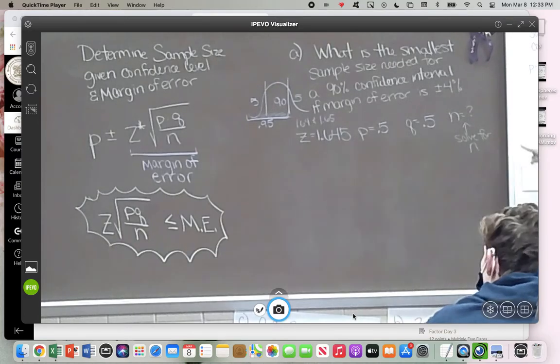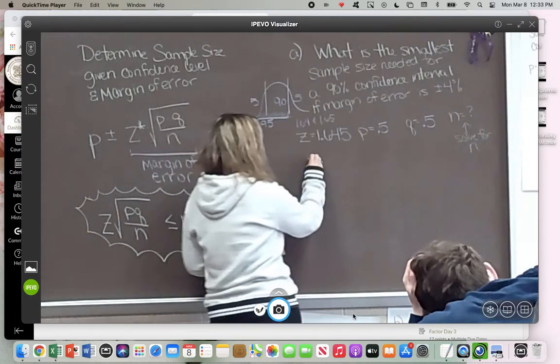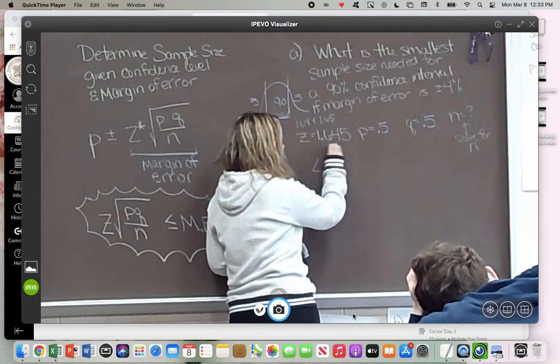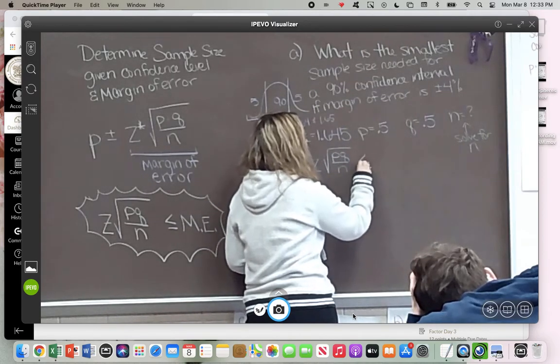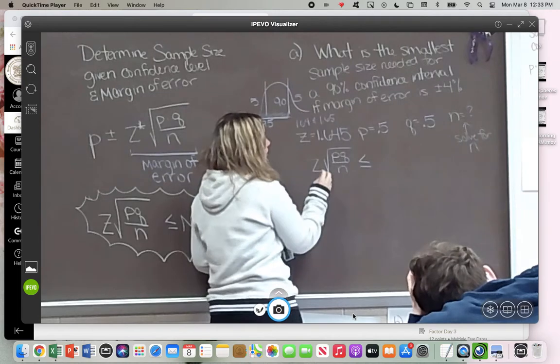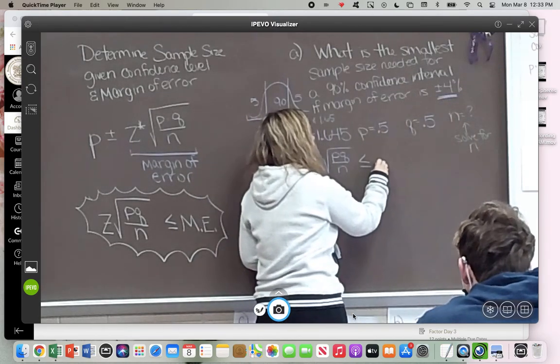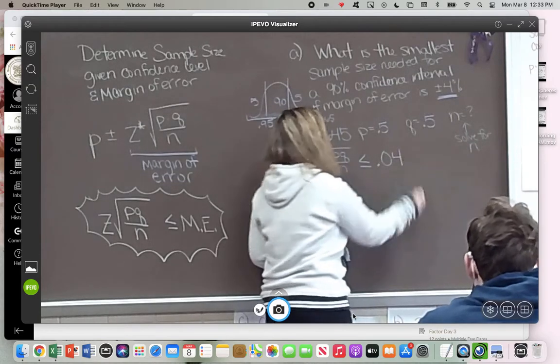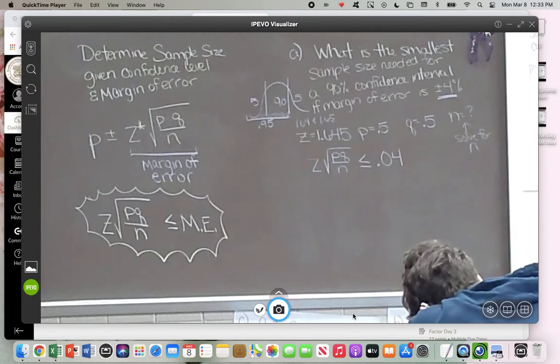And now we are going to solve for n. So we want that margin of error, all of this, we want it to be less than or equal to our margin of error, which in this case is 4%. So we want it to be smaller than 0.04. If it's bigger than 0.04, then we're beyond the range that we want.